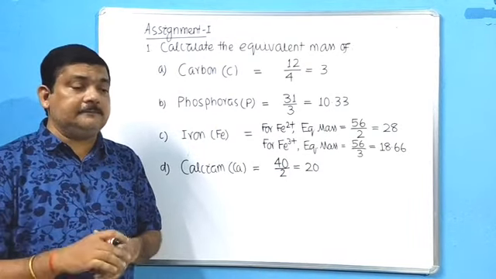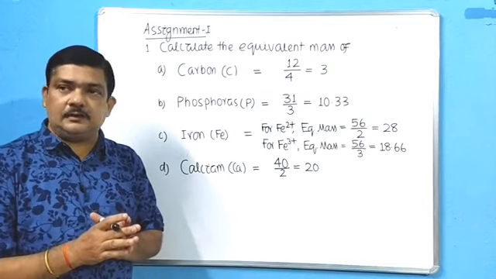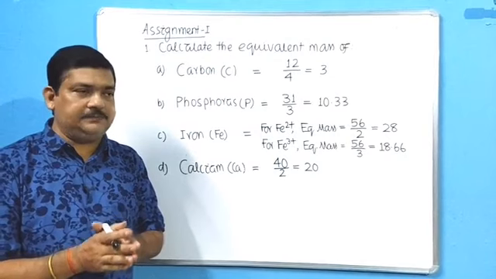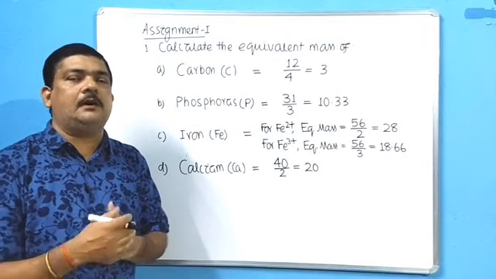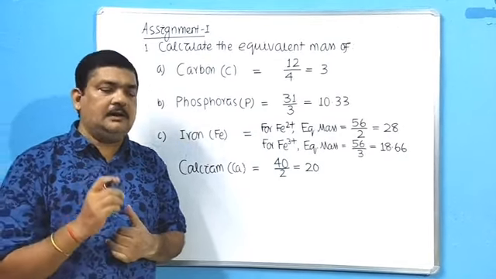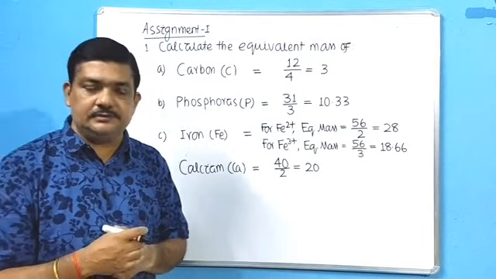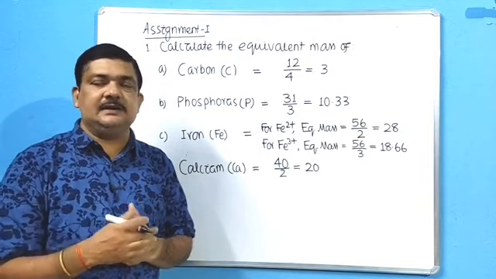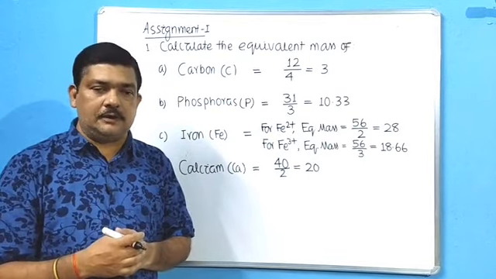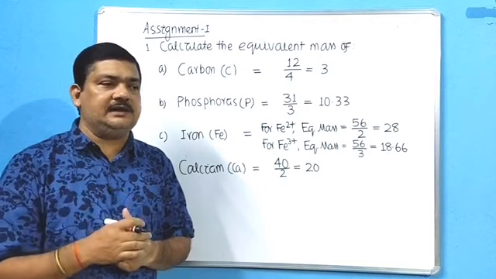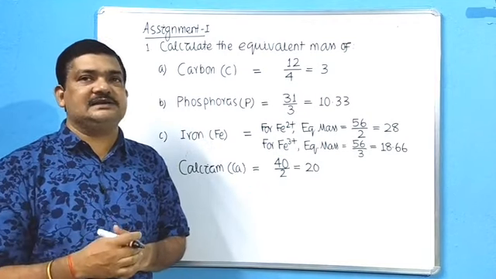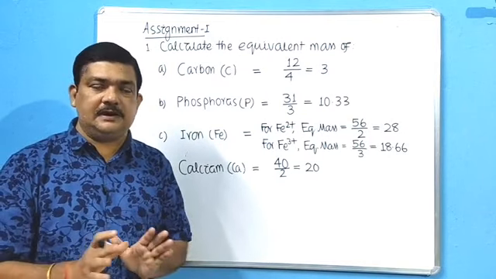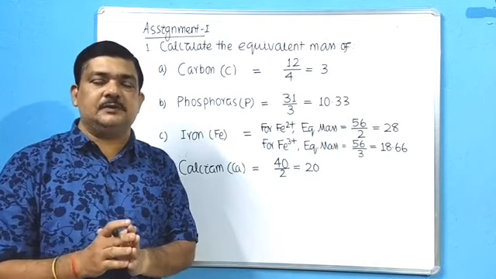Remember another thing: except hydrogen, that is 1.008, and chlorine, that is 35.5, make it a habit to round up all the other atomic masses. Only mention hydrogen as 1.008 and chlorine as 35.5; for the rest, do not keep decimals, round them to the nearest whole number. Copper is 63.5; a 0.5 will remain as 0.5.